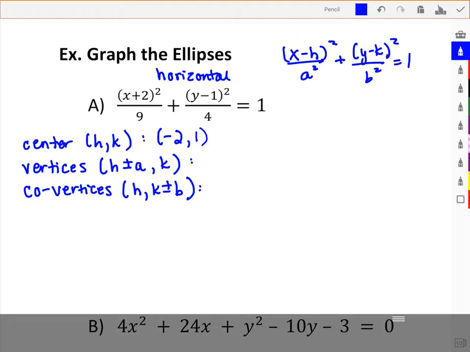Okay, the vertices, we need h plus or minus a, comma k. There are going to be two of these. The vertices are the end points where that ellipse is changing direction. Our k values don't change. They're still just going to be 1. To get h, we have -2.